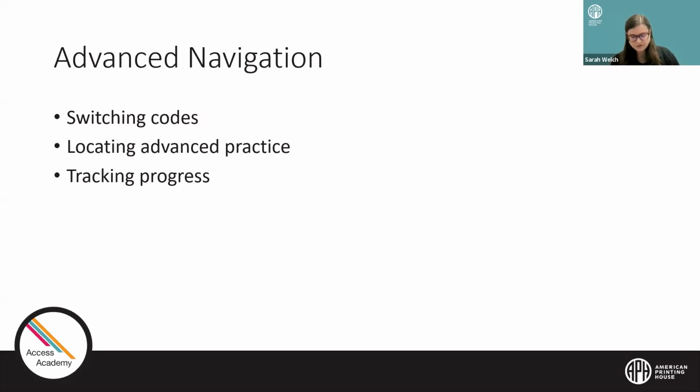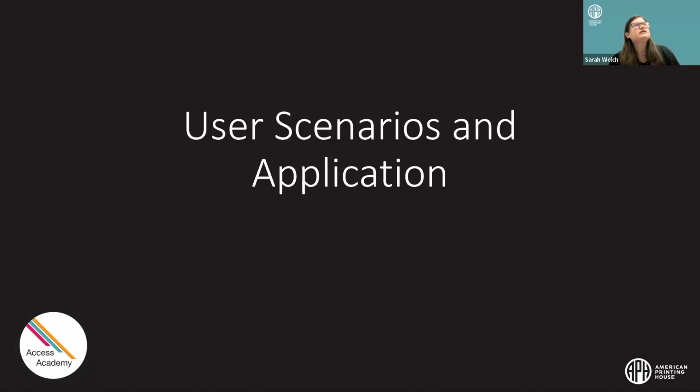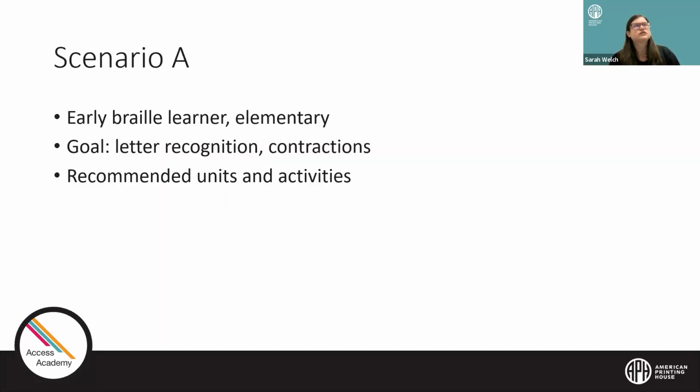So that's a lot of information at once. So how can we use these together? For implementation, if we look at user scenarios and application, I'm going to walk through the first one and what I would perhaps recommend doing, and then we can look at some other scenarios. So first scenario, or scenario A. We're looking at an early Braille learner.